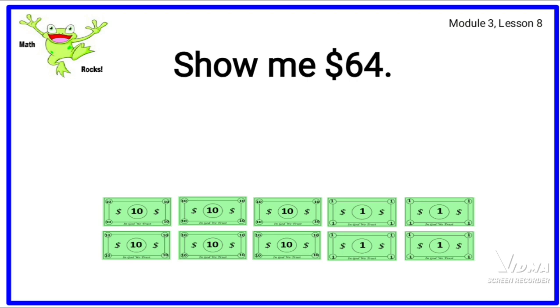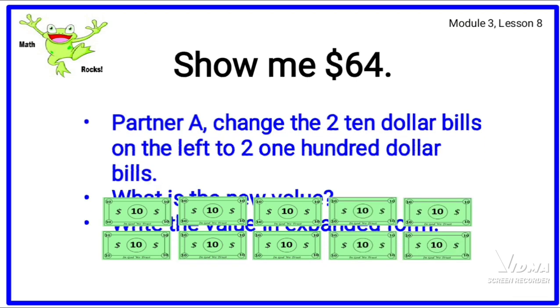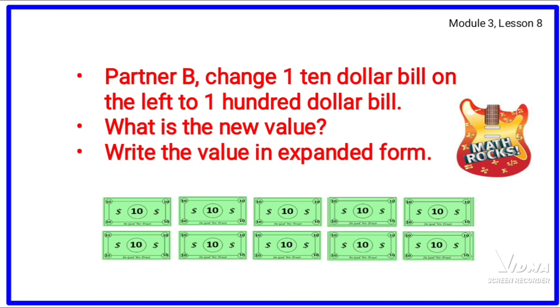Try to see if you can tell the value of this if I increase the number of the $10 bills. What if I make all of them $10 bills? You'll have how many? 1, 2, 3, 4, 5, 6, 7, 8, 9 $10 bills. What would that be? All right. Okay, so try and write it in expanded form too.